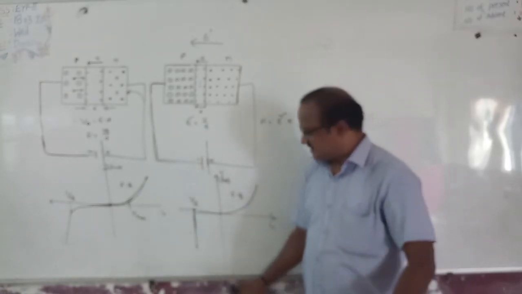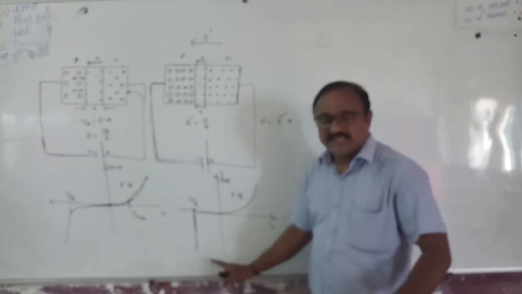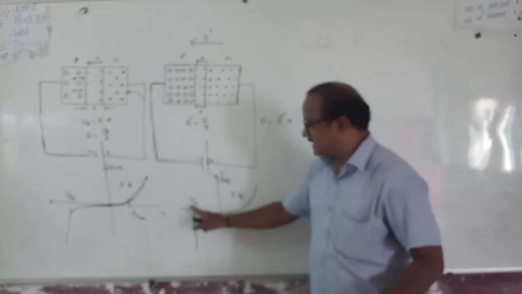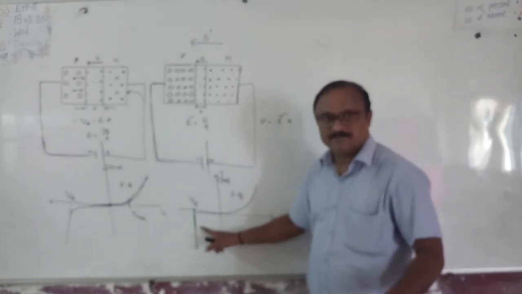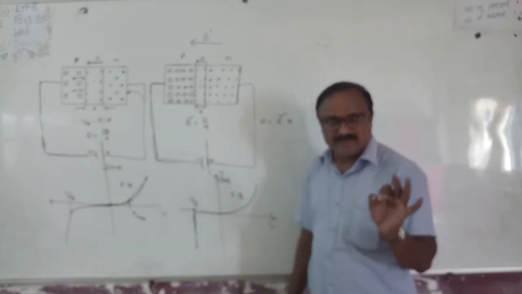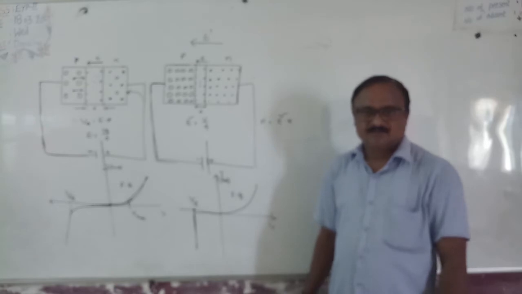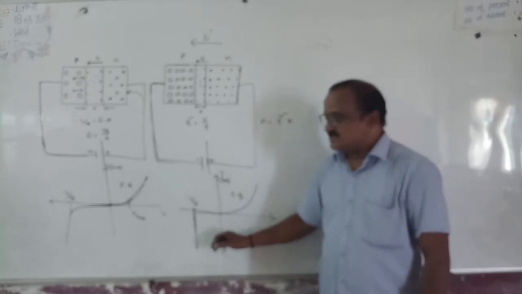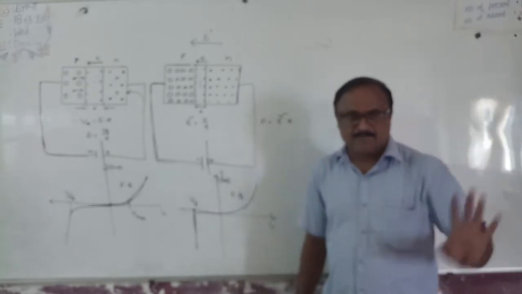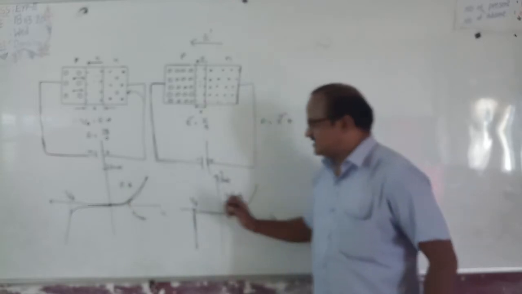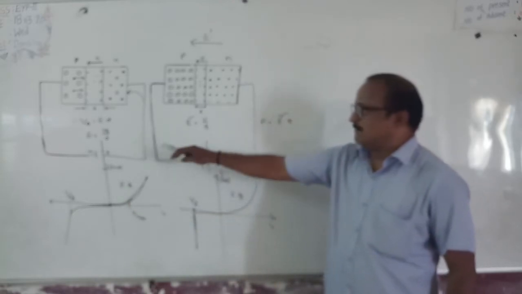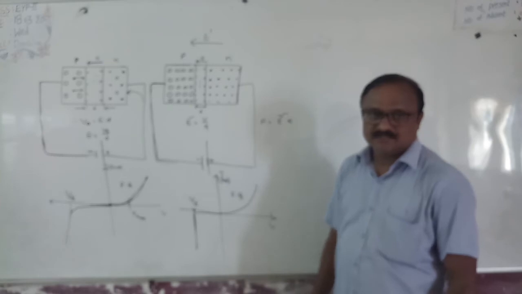In which bias? In reverse bias. At which point? At the breakdown region. Remember this point. What is the main use of the Zener diode? Zener diodes are used as voltage regulators in reverse bias at the breakdown region. That's the important point. Forward bias characteristics are very similar for the ordinary PN junction diode and the Zener diode. Do you understand?